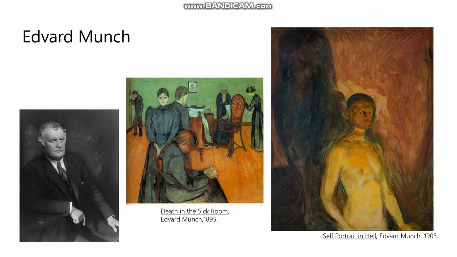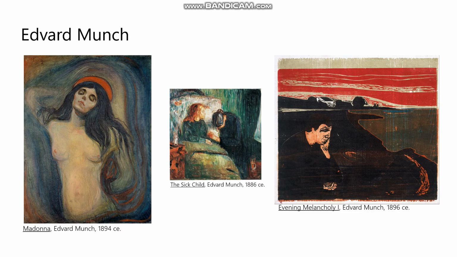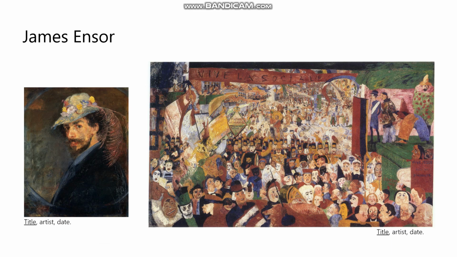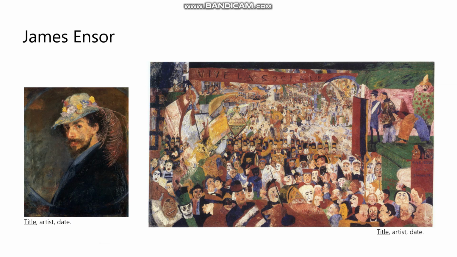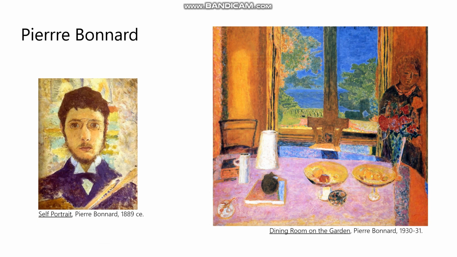And so I wanted to start with a couple of artists, Munch and then also James Ensor. And I think it's important to remember that this isn't so much an issue between those that pursued abstraction and those that didn't, because these are both examples of abstraction. It's just different types of abstraction. And I think this will make a little bit more sense when we see some of the other artists.